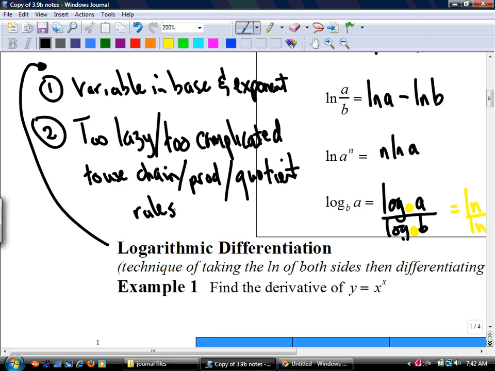I'm going to give you an example of that. There's enough room on the bottom of this page for a really good example. You can say too lazy, but it's too complicated. The simple ones, I would expect you to use the product rule or the quotient rule. But the not simple ones, I would expect you to do it this way.